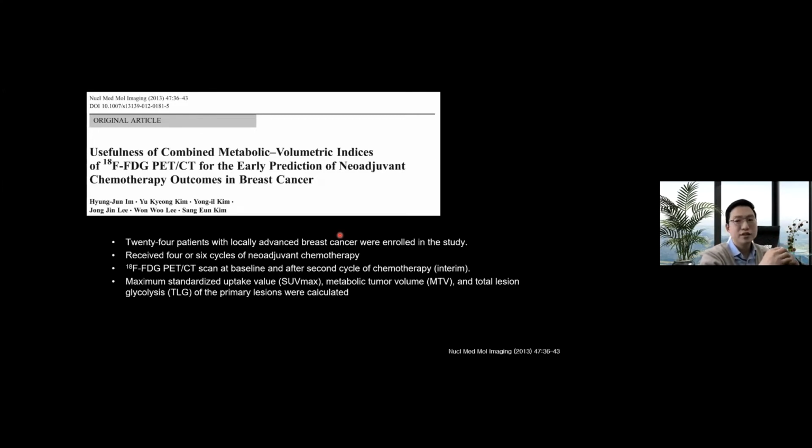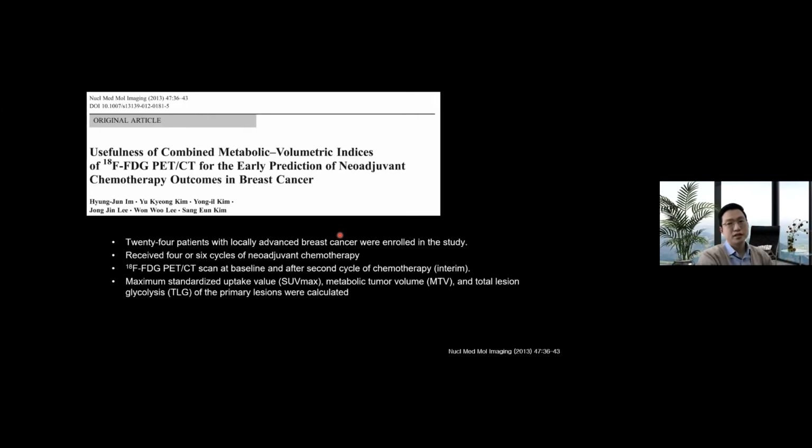But there is another value of FDG PET scan, which is prognostic value. So I have shown that FDG PET scan was very good at predicting clinical outcome in lung cancer, and it is also good in breast cancer as well.